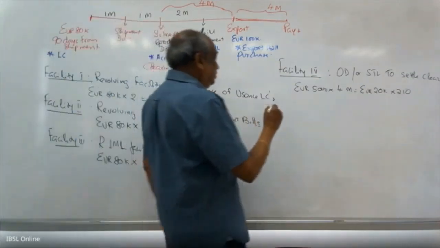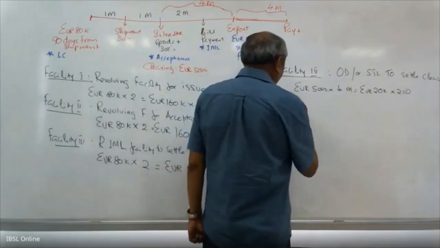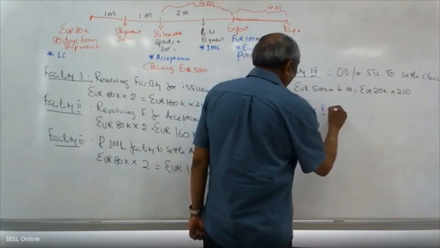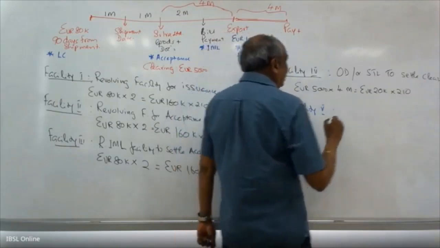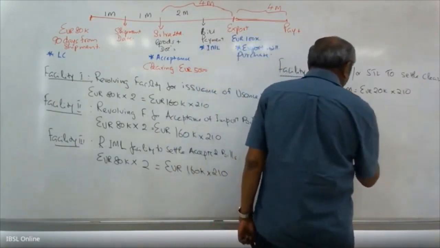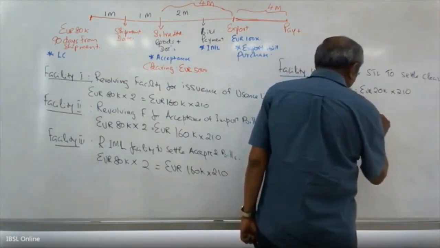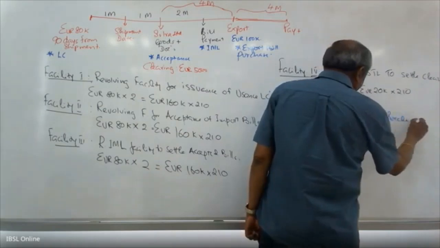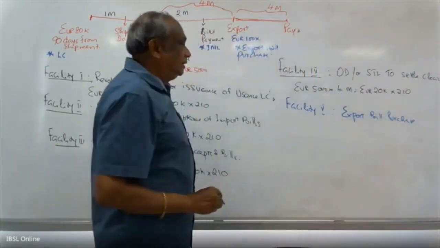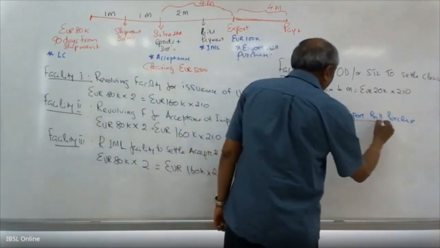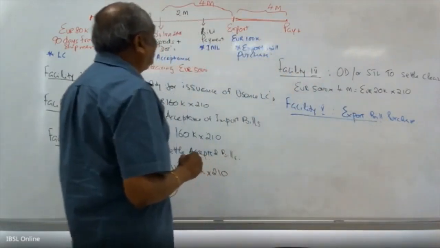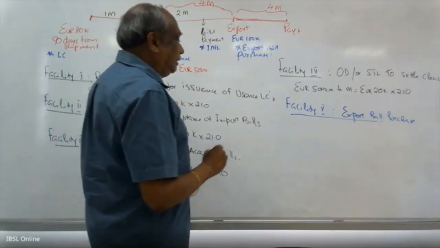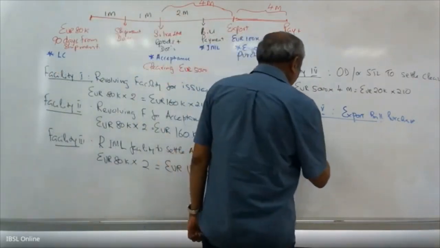So I'm using the same color for the export facility, facility 5: export bill purchase. Now export bills, Euro 100,000, into 4.